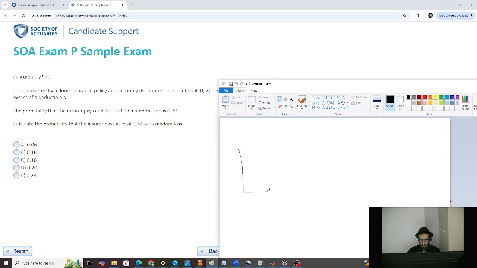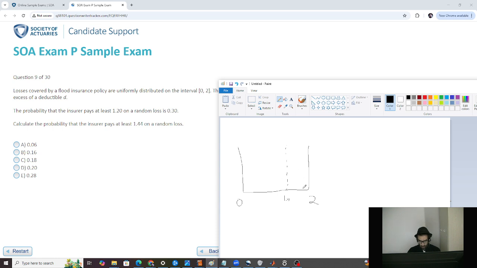So I'm just going to sketch this out, right? You've got 0 to 2. $1.2 is here. Right. Oh, that the insurer pays at least. Sorry. No. Okay. The 70th quantile, right? This probability of 30% of exceeding that, right? 70th quantile is going to be at 1.4, right?